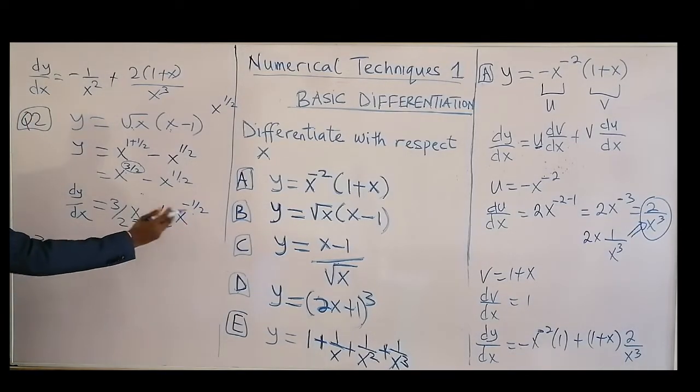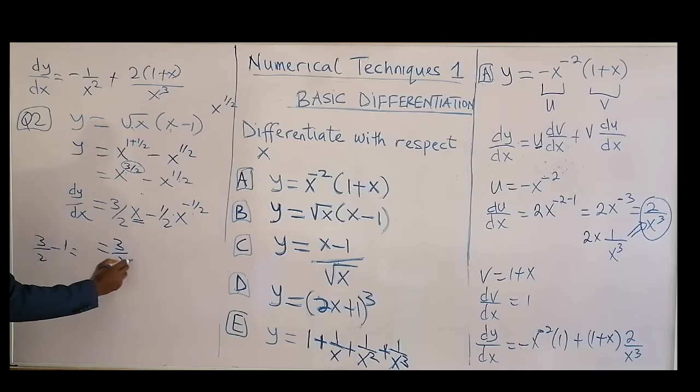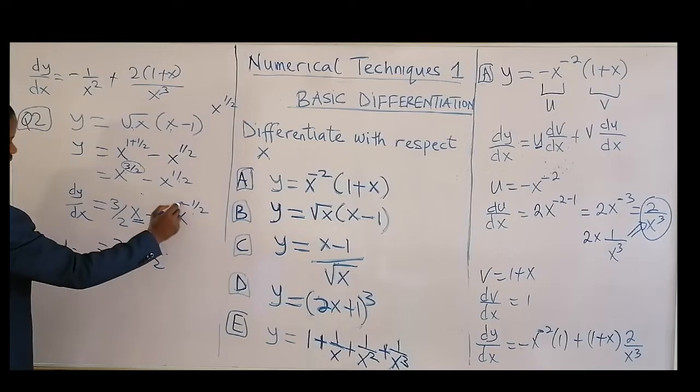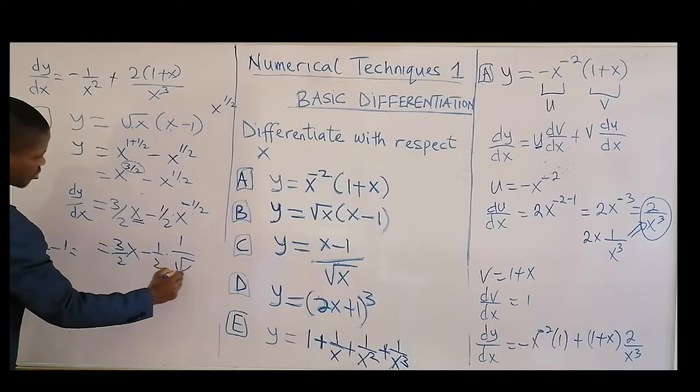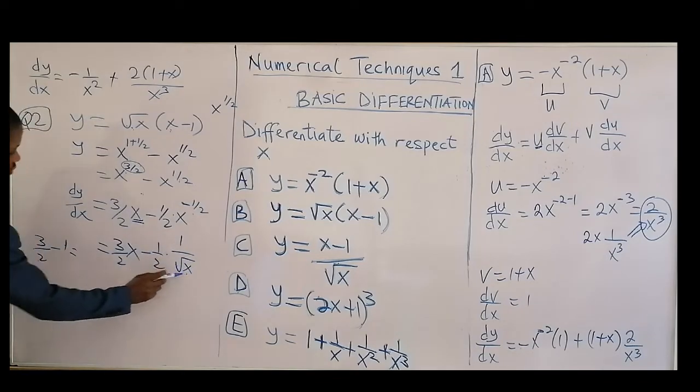We just need to do the arrangements. That will be 3 over 2 times x to the power half. Then minus half times x to the power minus half, which is 1 over x to the power half, which is square root of x.